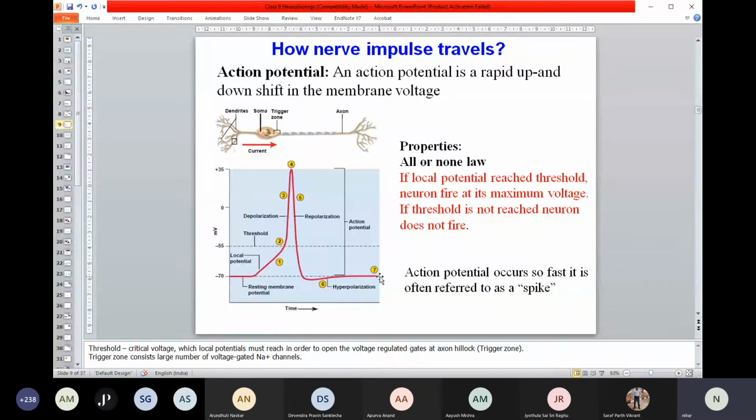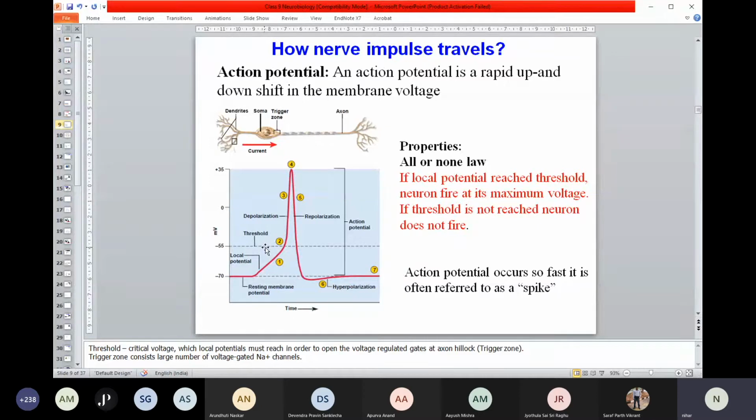Now the question is how these things happen. Let's try to understand why it suddenly shoots up. I told you, once the neuronal membrane reaches a threshold potential like minus 55 millivolt, at that potential there is a specific channel.